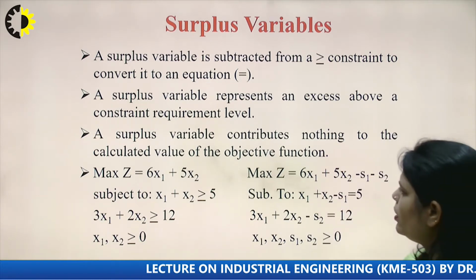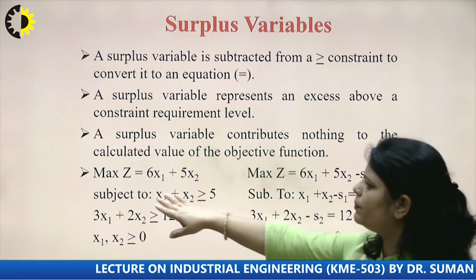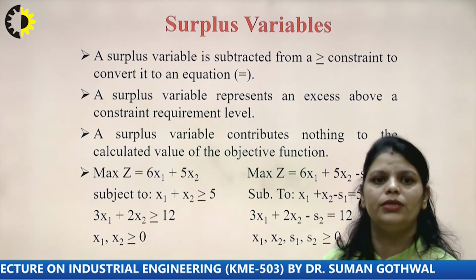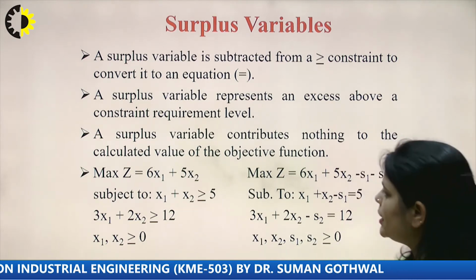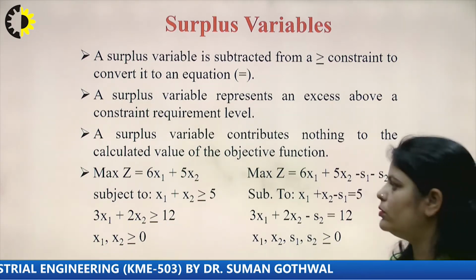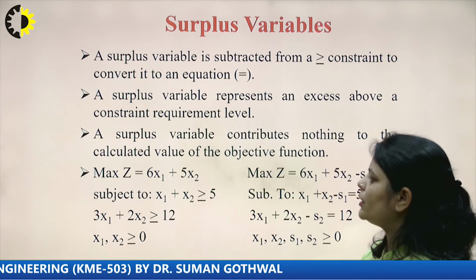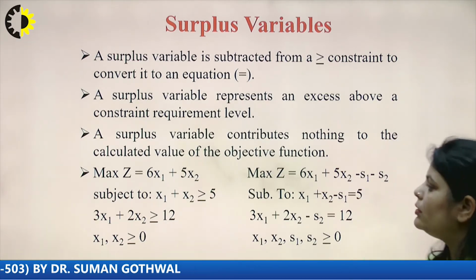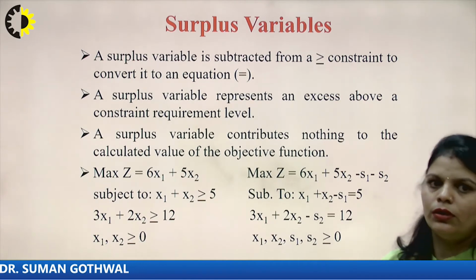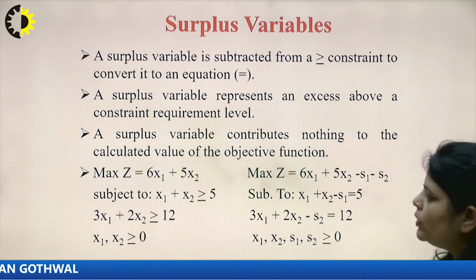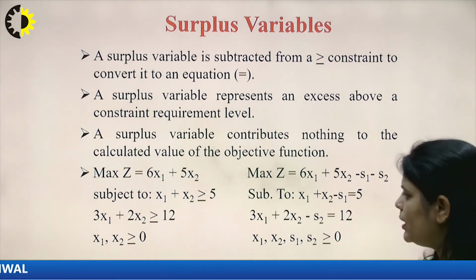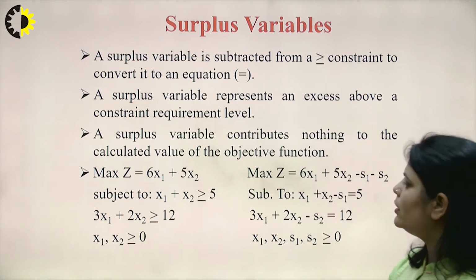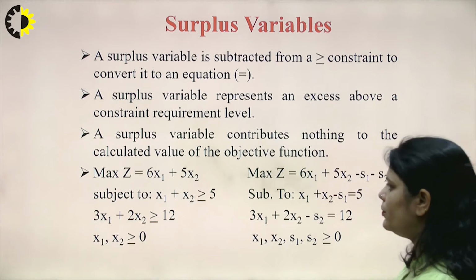Clear? For example, we have taken an example where our objective function is to maximize z, and z is equal to 6x1 plus 5x2. Clear? And it is subject to x1 plus x2 greater than equal to 5 and 3x1 plus 2x2 greater than equal to 12. Clear? And these are the non-negative restrictions, means x1, x2 greater than equal to 0.